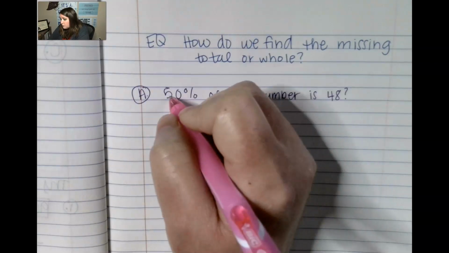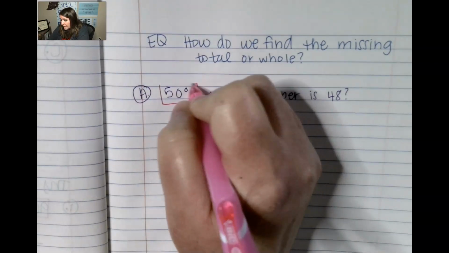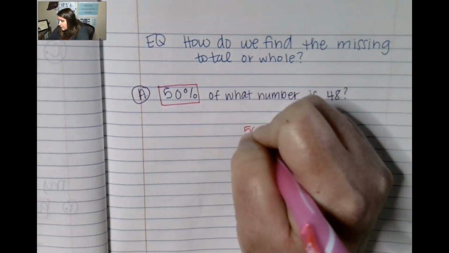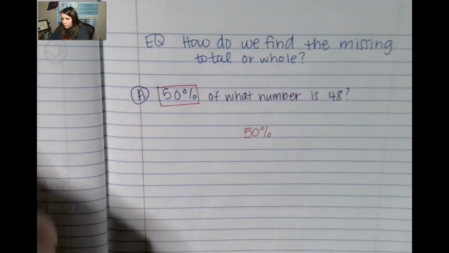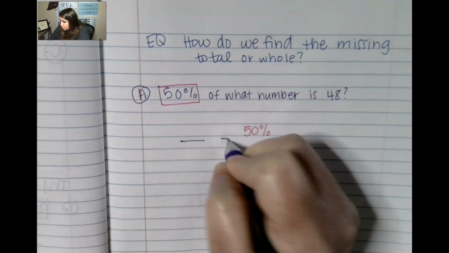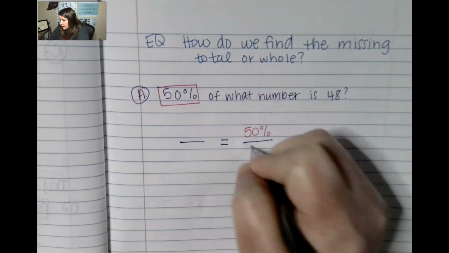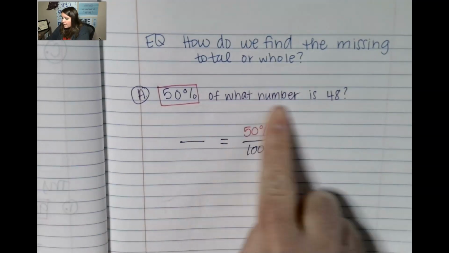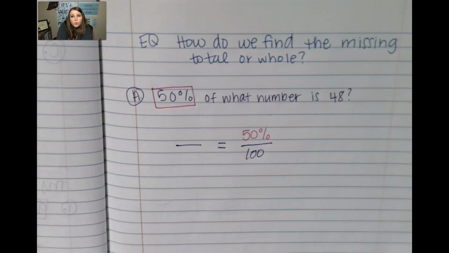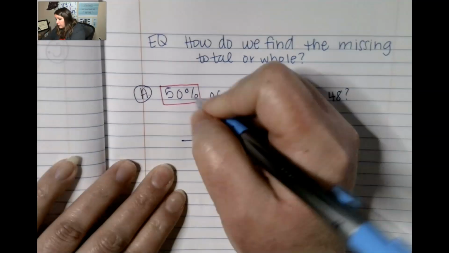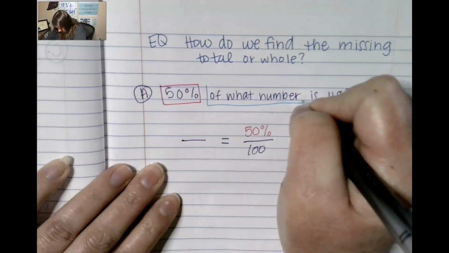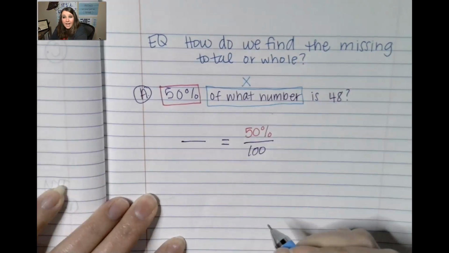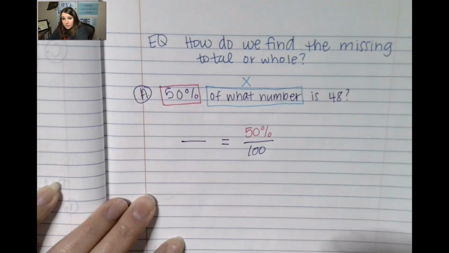So we're going to box 50% in pink again because that's our percent. So we're going to put 50% on the top of our proportion. So remember, we have two proportions here, out of 100. Okay, of what number? We don't know of what number, so we're going to put an X because it doesn't have an actual number there.